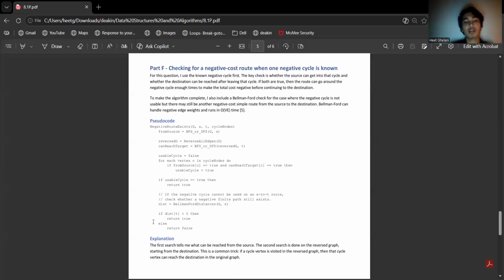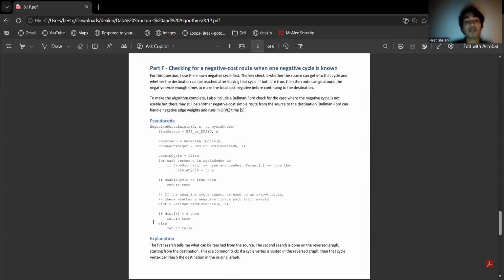Now let's talk about the last part, part F, which is basically about the negative cycle problem. In part F, the graph contains exactly one negative cycle, and the goal was to determine whether a negative cost path exists from the source to the destination. My idea was first to check whether the negative cycle is actually usable.